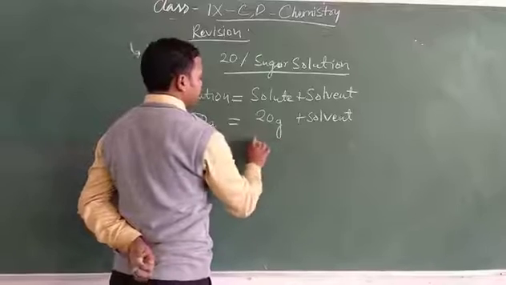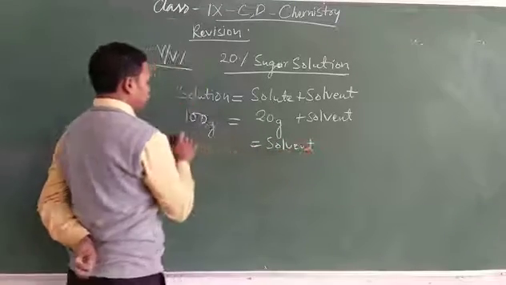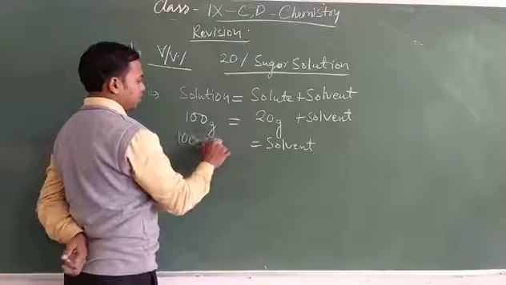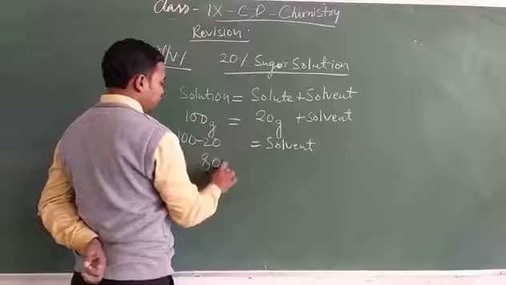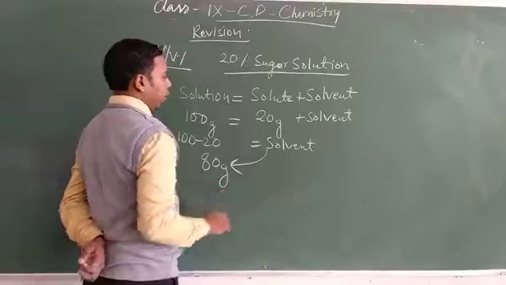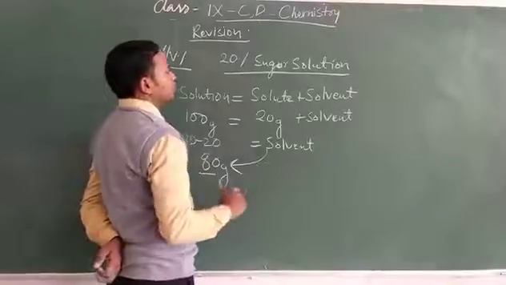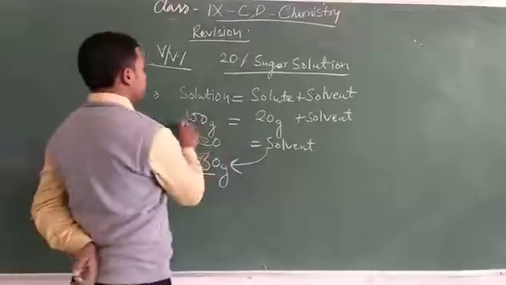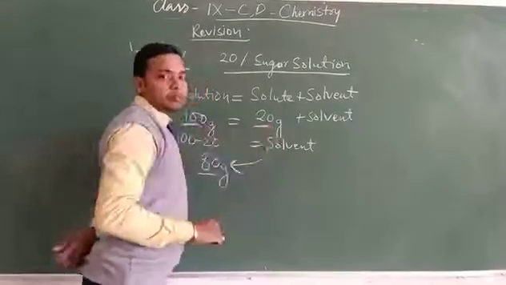Then solvent will be equal to 100 minus 20, which is 80 gram. So solvent will be 80 gram, solution will be 100 gram, and solute will be 20 gram.